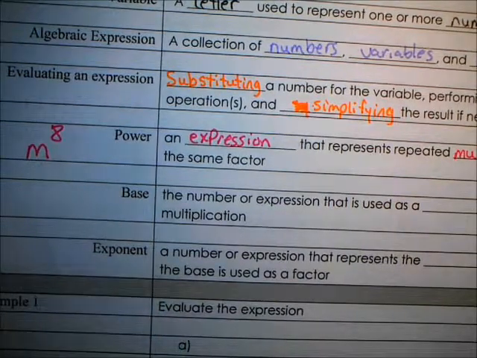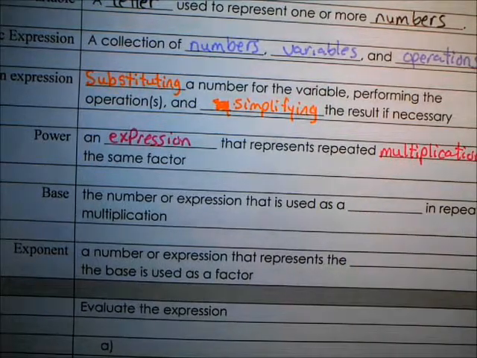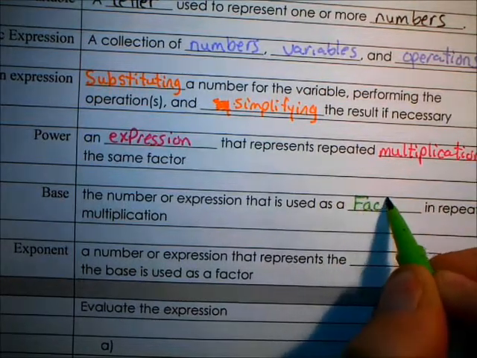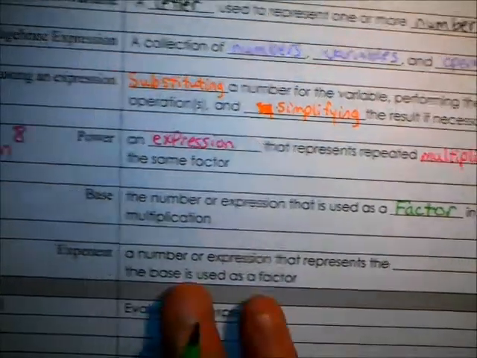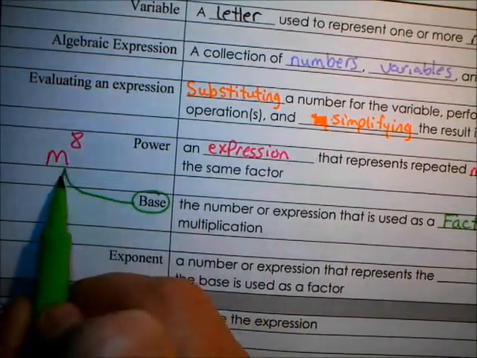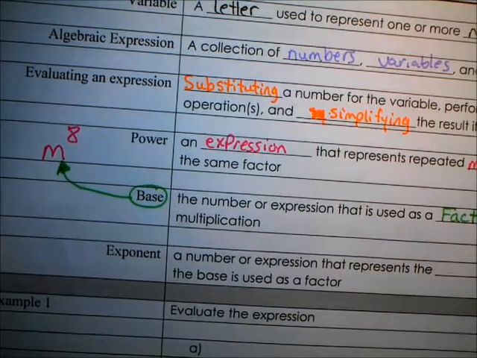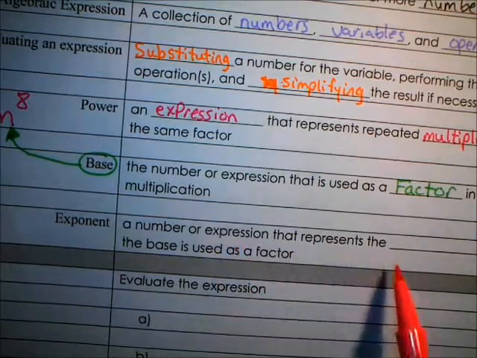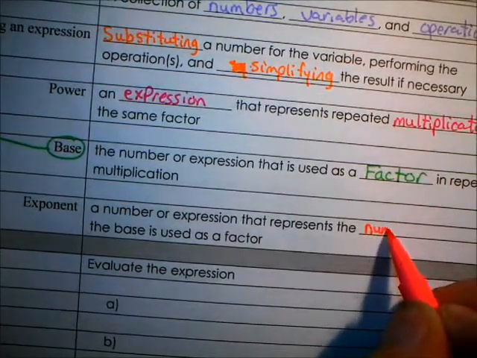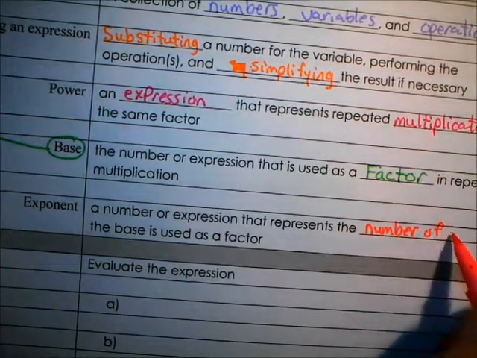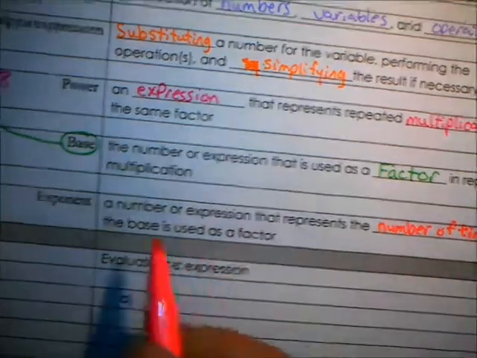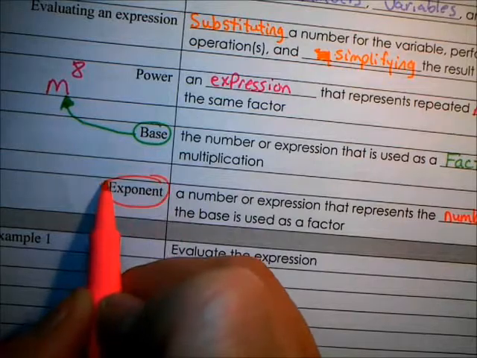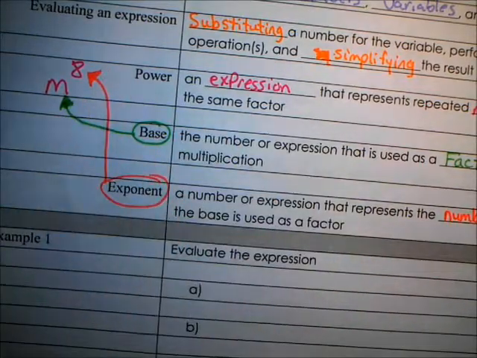The base is the number or expression that is used as a factor in a repeated multiplication, so the base would represent the m here. And then the exponent is a number or expression that represents the number of times the base is used as the factor. So the exponent is the 8, the little number.